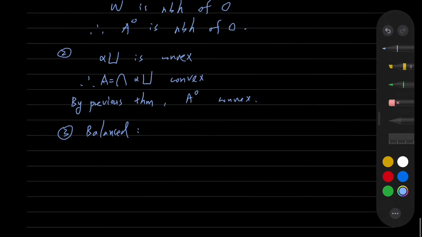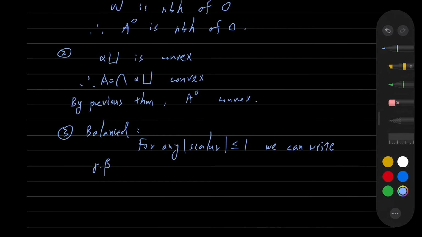What we do is, for any scalar smaller than or equal to 1 in absolute value, we can write it as r times beta.